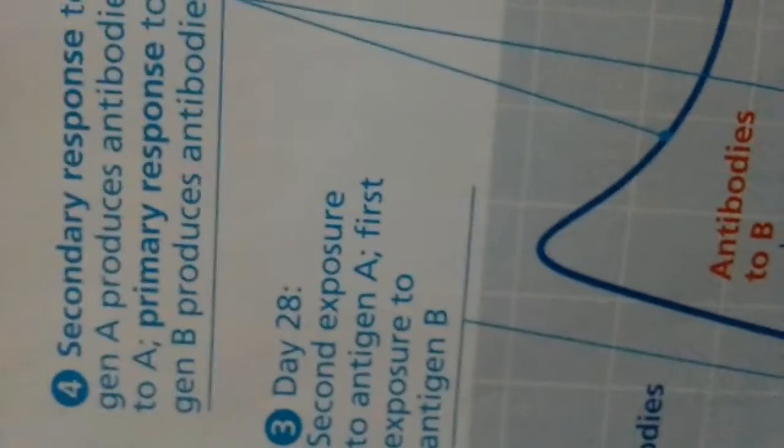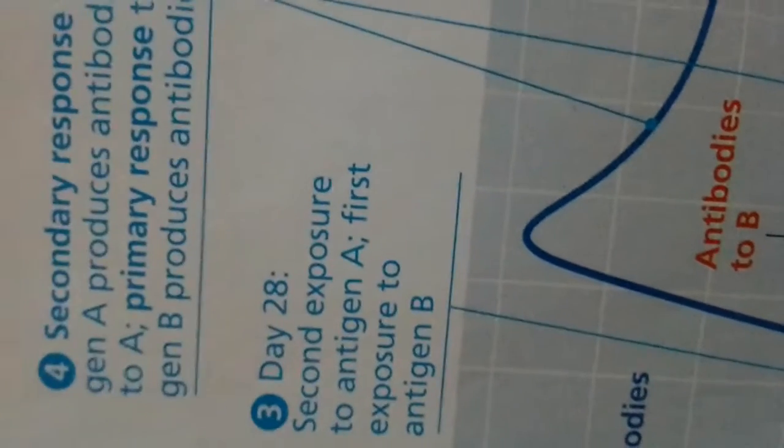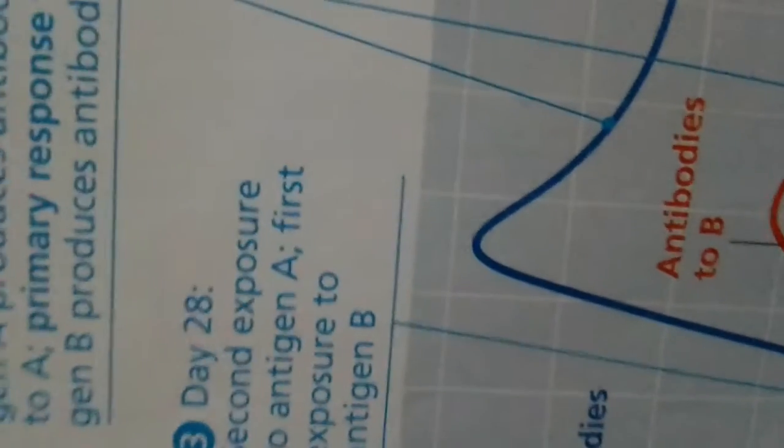While these effector cells are developing, a stricken individual may become ill. Eventually, symptoms of illness diminish and disappear as antibodies and effector T cells clear the antigen from the body.